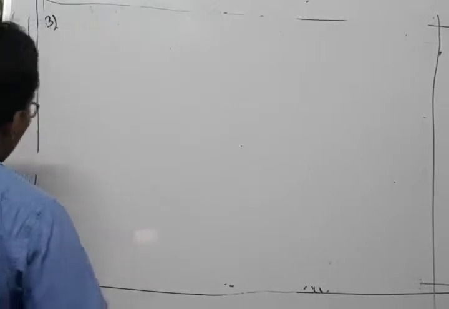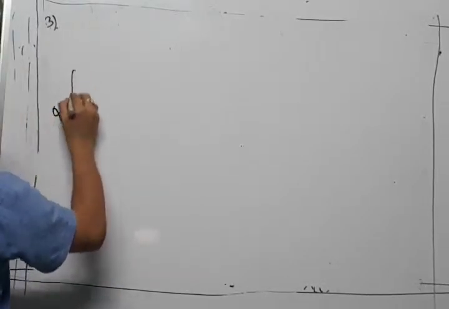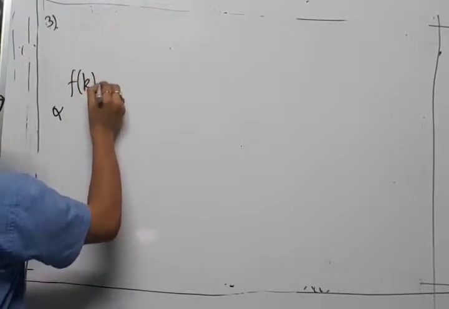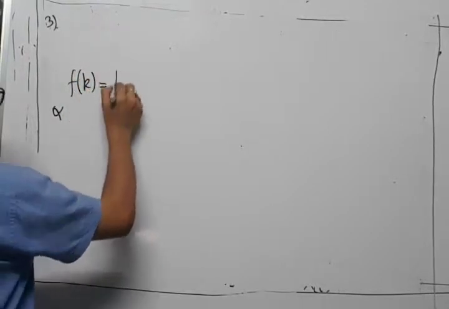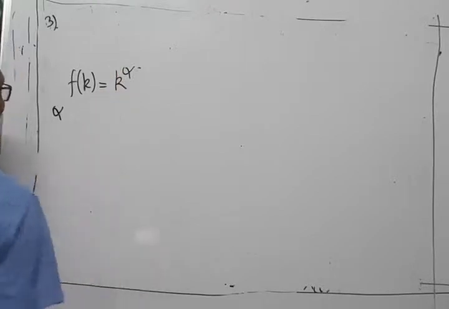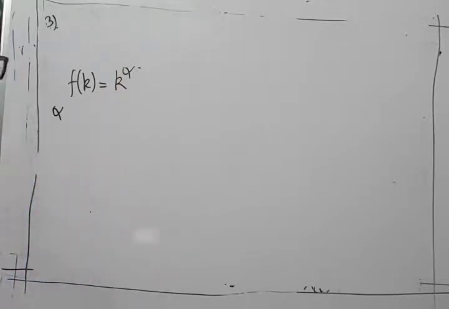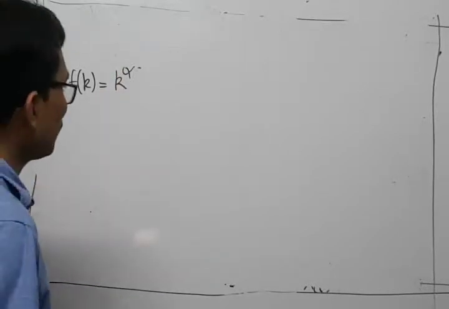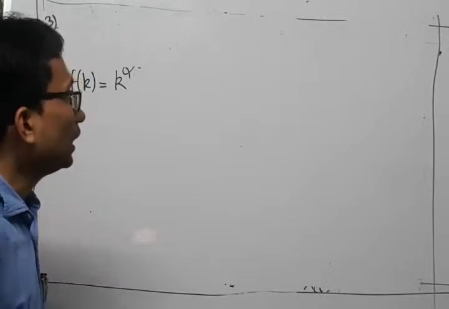Right at the outset, it is difficult to say what the impact of an increase in the capital share alpha is, when the intensive production function takes the form of a Cobb-Douglas production function, that is k to the power alpha.